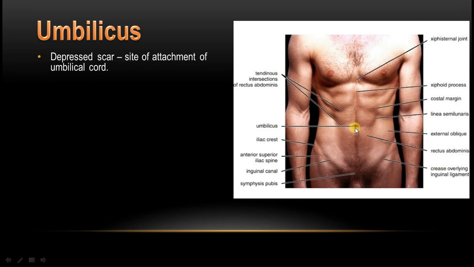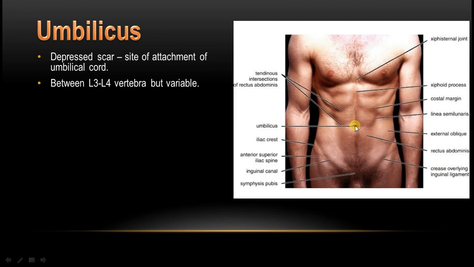The umbilicus is actually an invaginated or depressed scar tissue, as I told you, but it can get everted. It might evaginate or protrude out in certain cases.